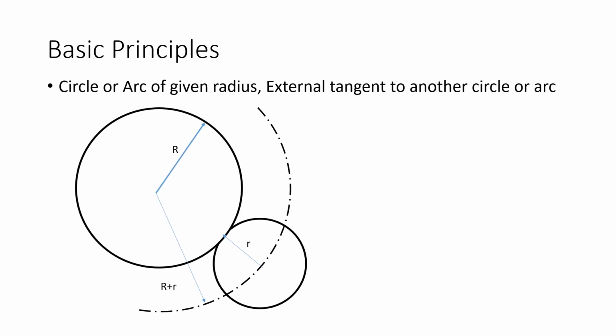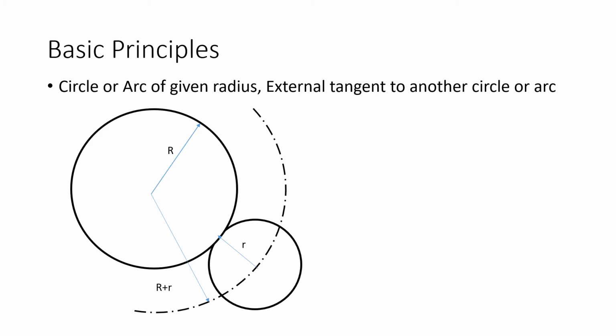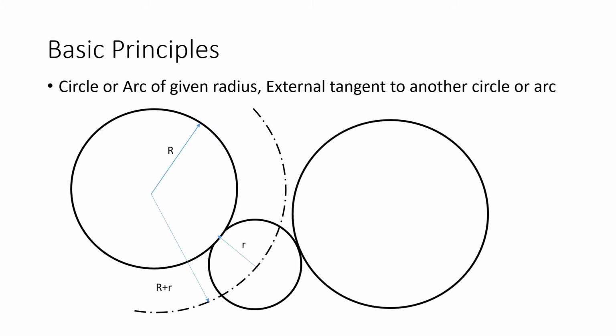What about if we had a second circle touching that small circle? Then it would be true to say that this circle here, which we're going to call radius r1, and our small circle of radius small r, the centers between those two circles is going to be r1 plus r.